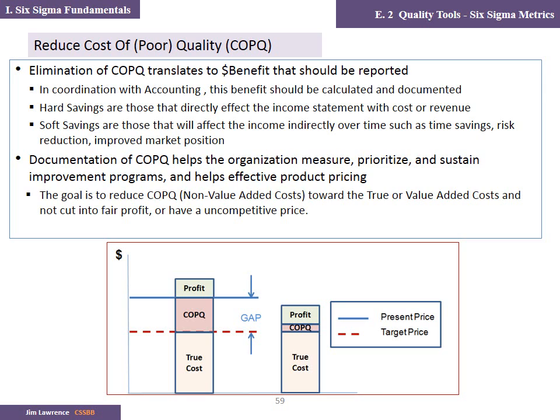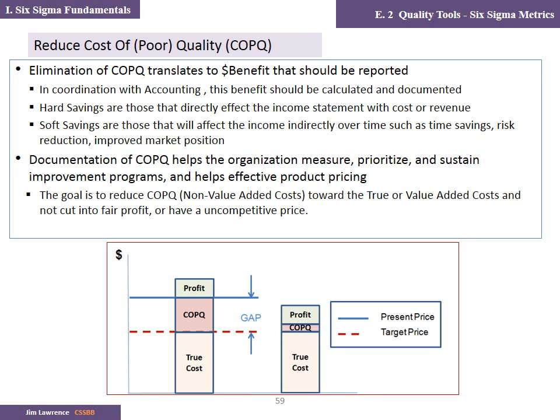Cost of poor quality translates to dollar benefits, and Lean Six Sigma practitioners like to always put the benefit as best they can from a project in terms of dollars. This is best done in coordination with accounting and finance, who are experienced in calculating dollar benefit.